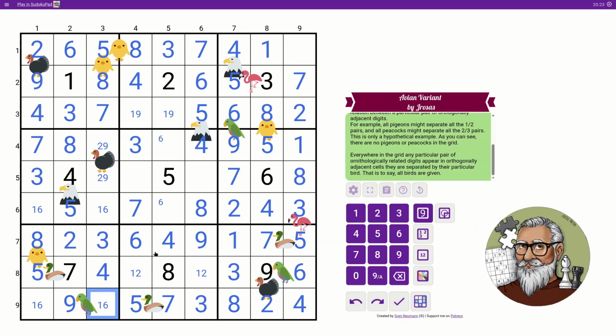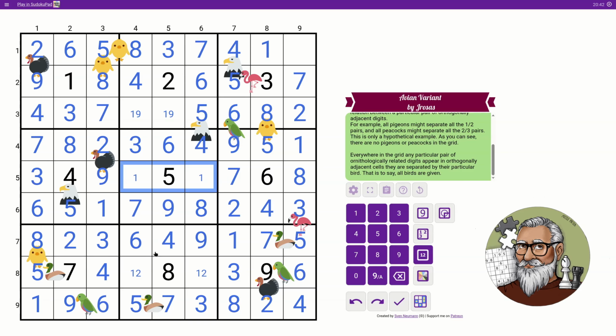Hold on. This is resolved. A 9, and I still need a 1 and a 2. Right.